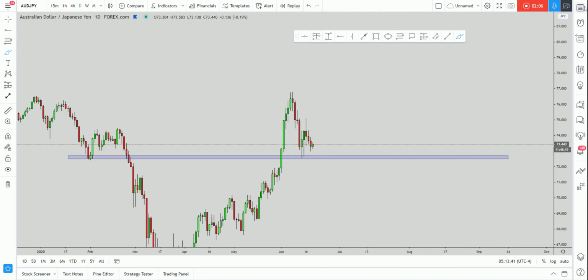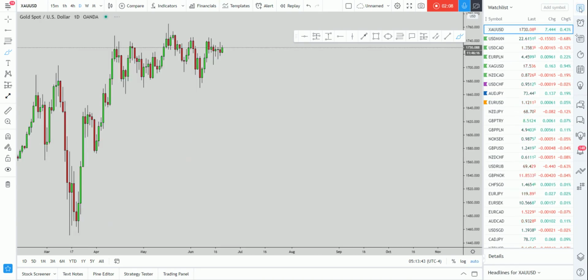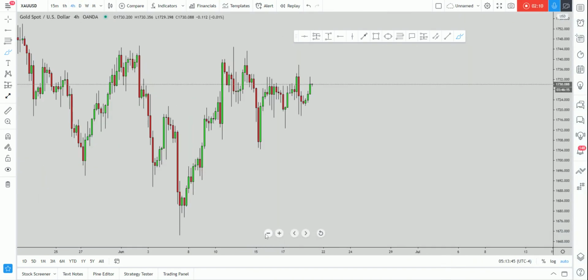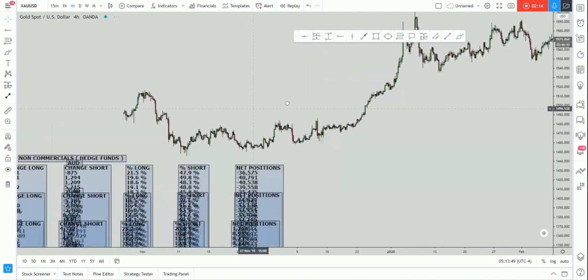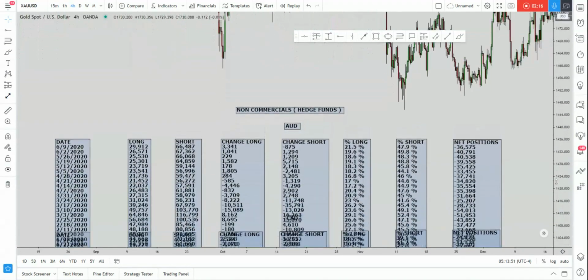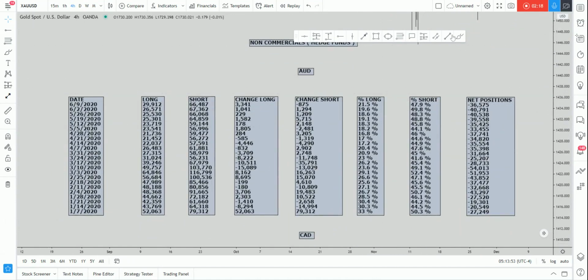But first, let's go and see what kind of situation we have from a COT perspective on the AUD and on the JPY. So let's start by defining our situation on the AUD. On the AUD, we can see that net positions more or less remained unchanged with the last reports.